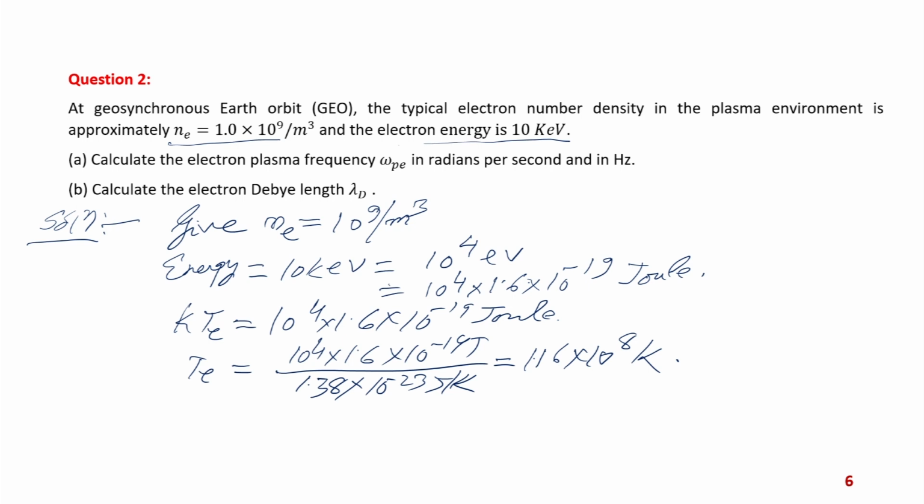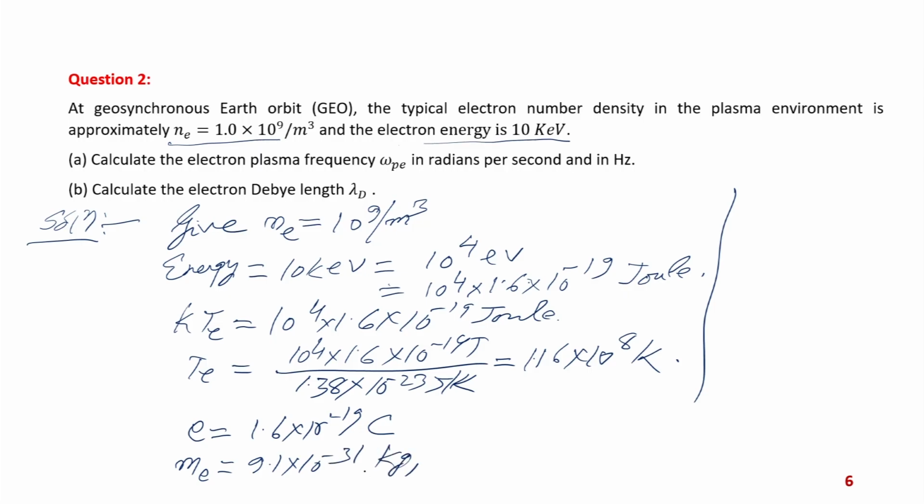Then, the charge of electron is 1.6 into 10 to the power minus 19 coulomb, and the mass is 9.1 into 10 to the power minus 31 kg, and epsilon 0, we will need all these things in the formula.